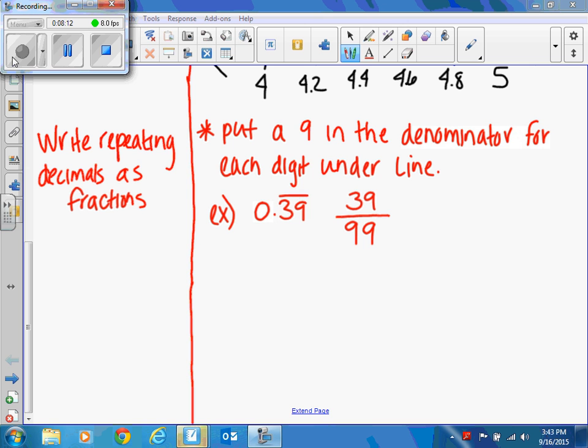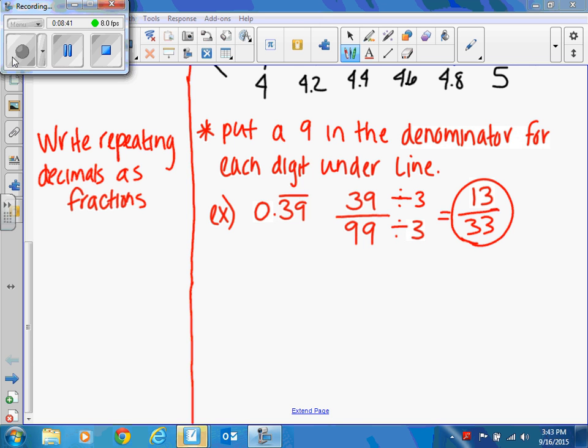Now, of course, we are not going to leave it as 39 over 99 because, like we stress, you have to reduce all of your fractions. So I can divide the top and the bottom by 3. So that leaves me with 13 over 33. And that would be your answer. I wrote 13 again. Sorry about that. 13 over 33.